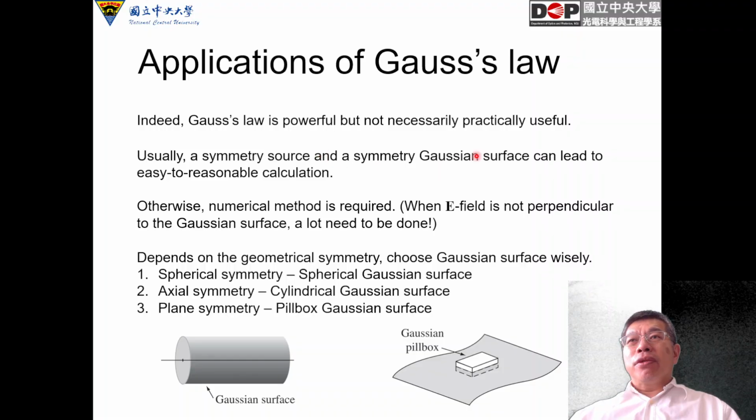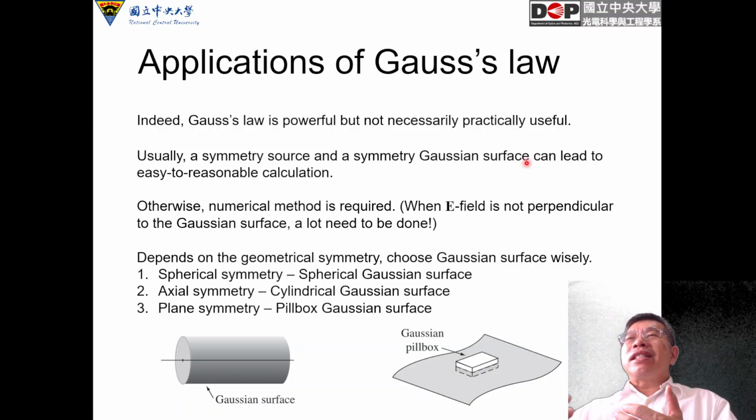The Gauss surface is what we choose, because Gauss' law doesn't limit our choice. We can choose spherical, cylindrical, or even a box to solve the problem. But there is always some better geometry. Based on the geometrical symmetry, we should choose properly to make the calculation easier.